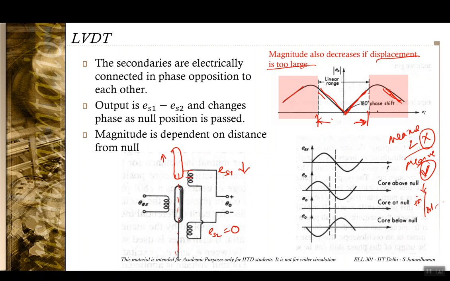But what is to be noted is we are very competent in measuring voltages or currents, and measurement of inductance or resistance is basically only an indirect measurement. So that is quite a good advantage of an LVDT, that the output is going to be voltage and further conversion is really not necessary.